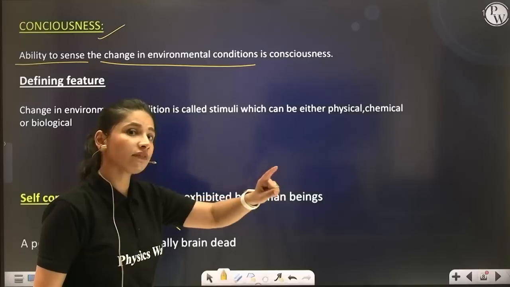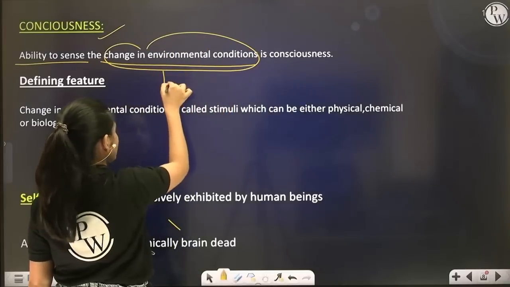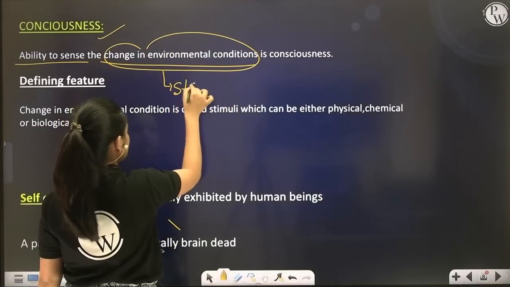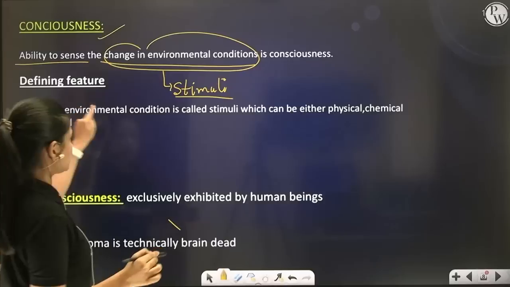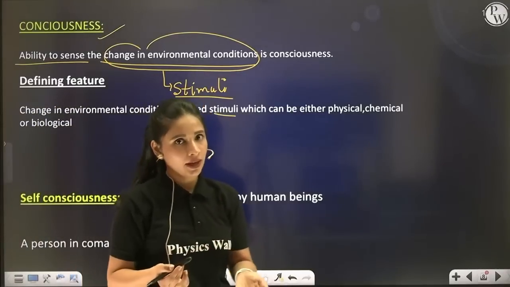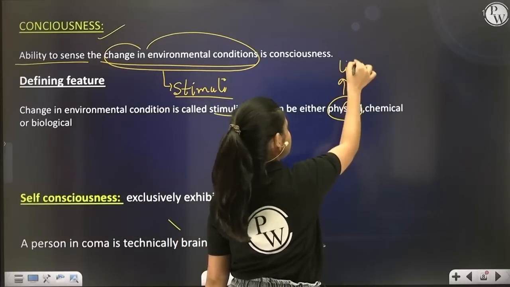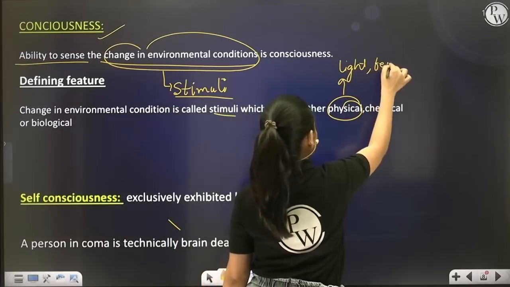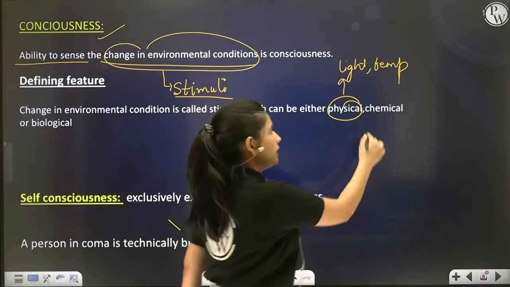That change in environmental condition, beta, is known as stimuli. Change in environmental condition is known as stimuli. Stimuli can be either physical, like for example, light, temperature, to which your plant shows response, to which you show response.